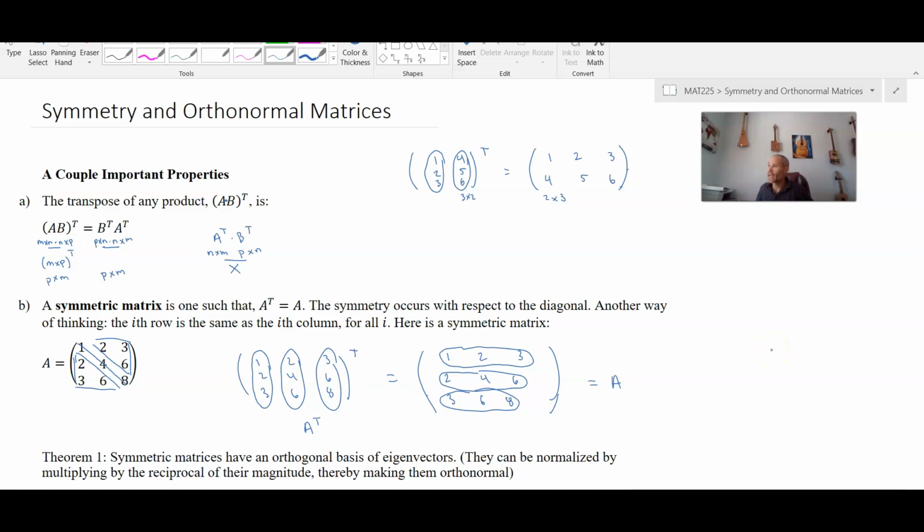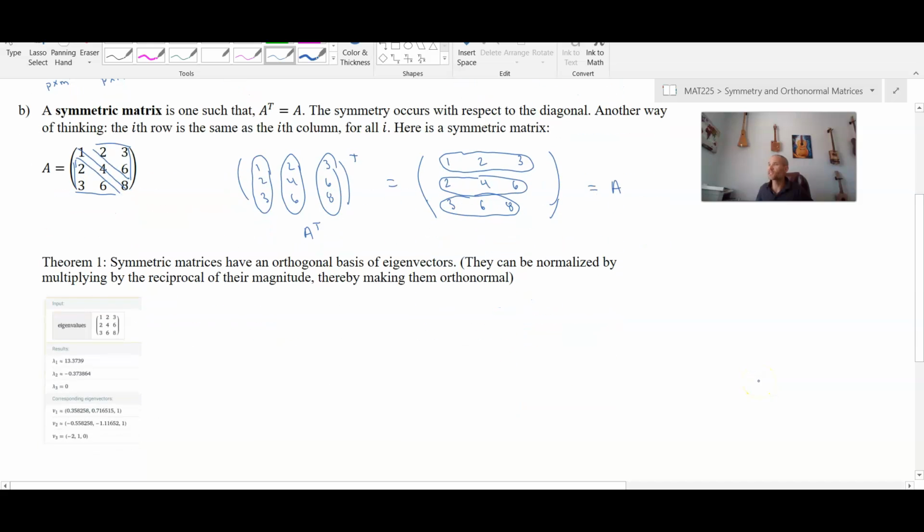Now, the reason we like symmetric matrices is because they have a special property. We'll consider this to be a theorem. We're not going to prove this here, but we'll take a look at an example. Symmetric matrices have an orthogonal basis of eigenvectors, meaning that if you had a 3 by 3 matrix, you would get a basis, a set of vectors that span the space in which the rows and columns of that matrix exist.